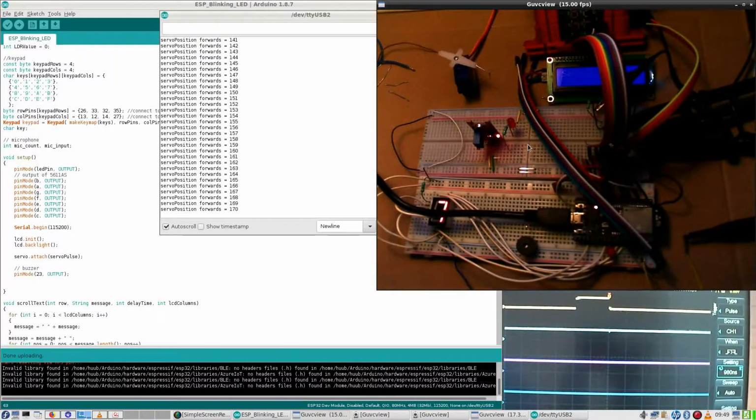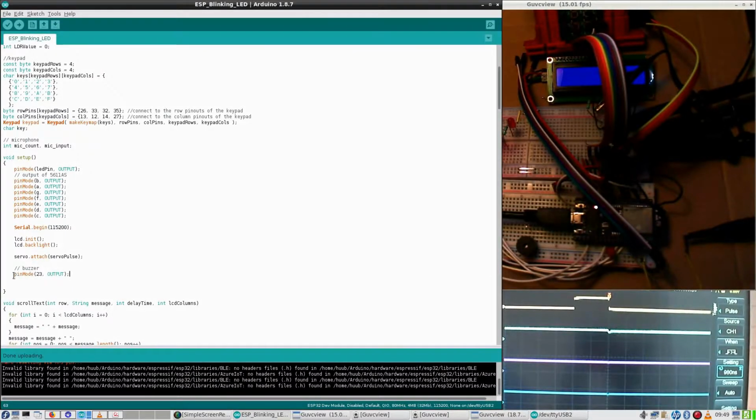And then it turns out to be quite simple. Amidst all things that could go wrong, I've realized now that I'm using the Arduino IDE. That also means that I have to specifically tell it that the pin mode of pin 23 is defined as output.